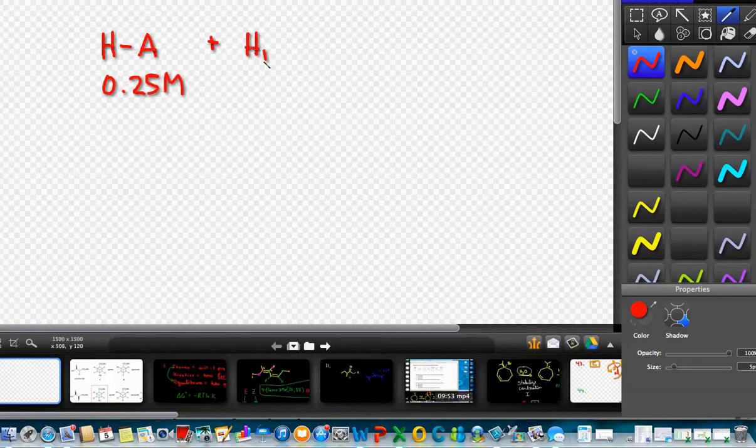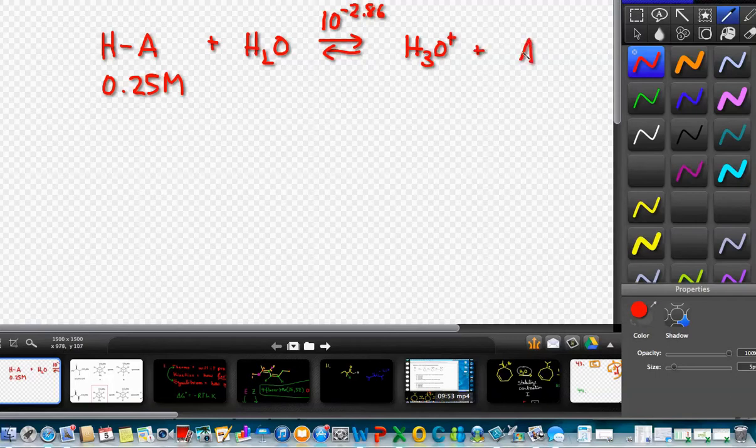And we're going to use the dissociation equation that we've used so many times in class. We know that the Ka is 10 to the minus pKa, which is 2.86. And this leads to hydronium and the conjugate base, which is chloroacetate.